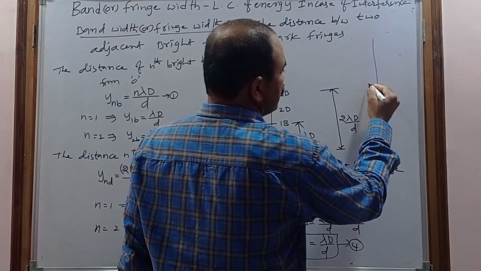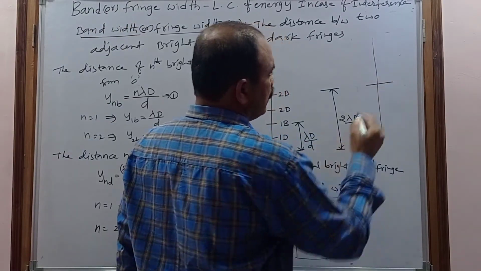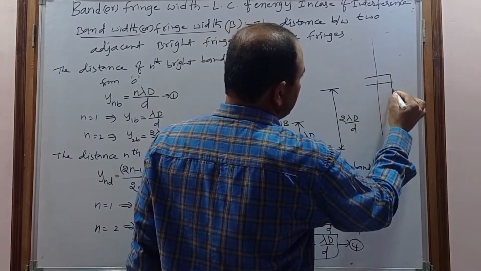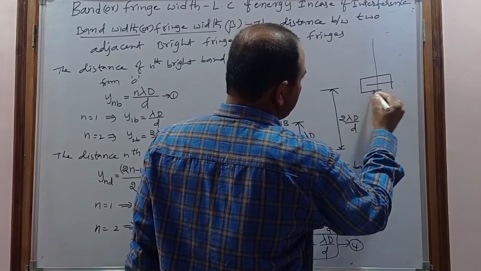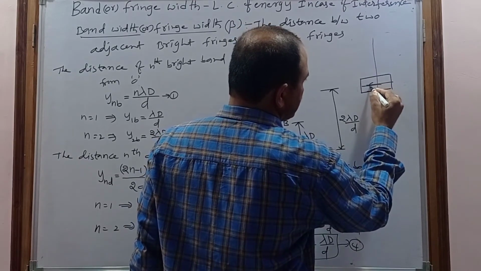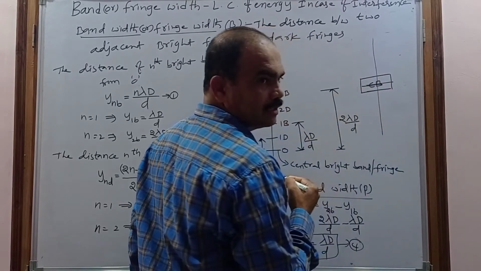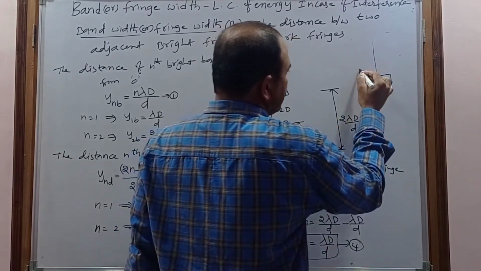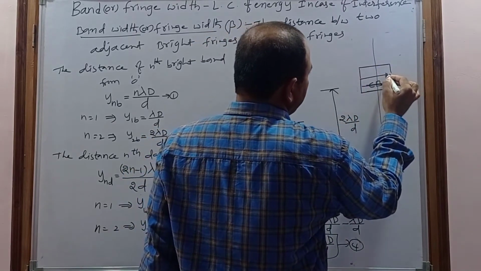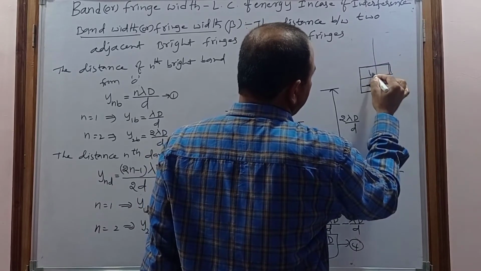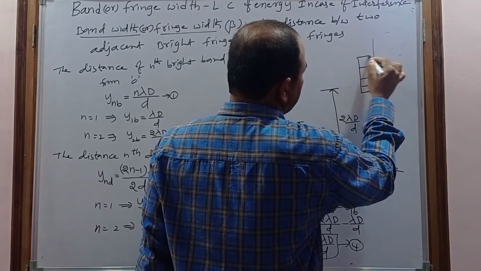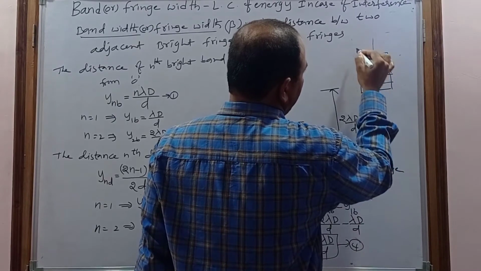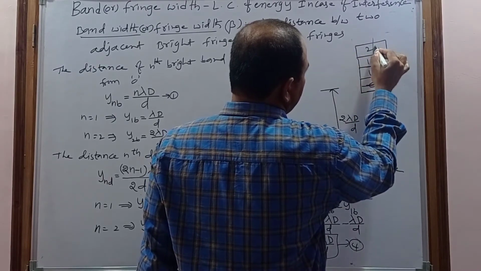For example, this is the center of the screen. This is the width of the central bright band. This is the width of the first dark band, this is the width of the first bright band, and this is the width of the second dark band.